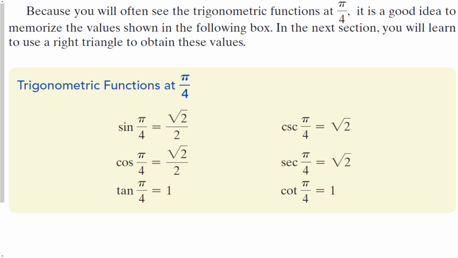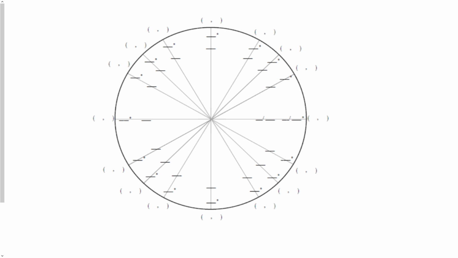But for now, if we know the trig values, or the coordinate values, of the angle pi over 4, I can start building my full unit circle.